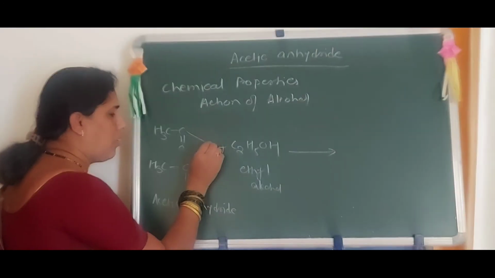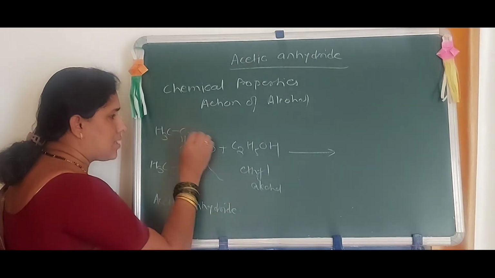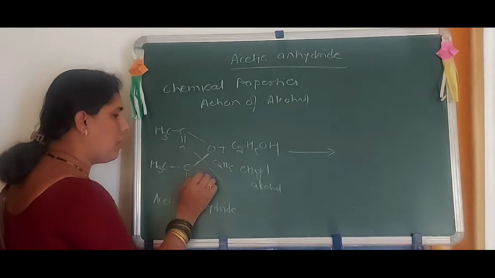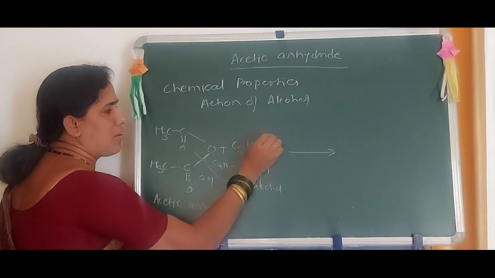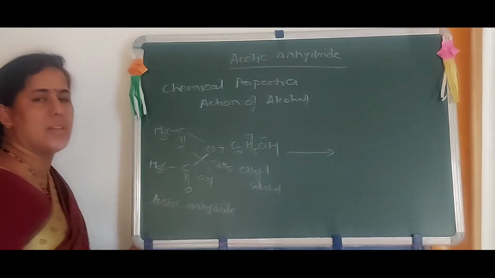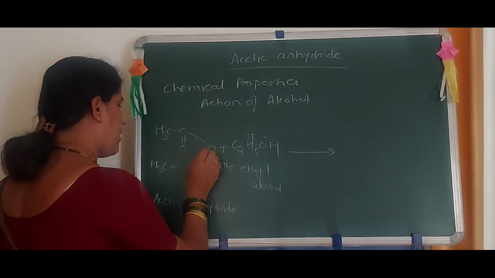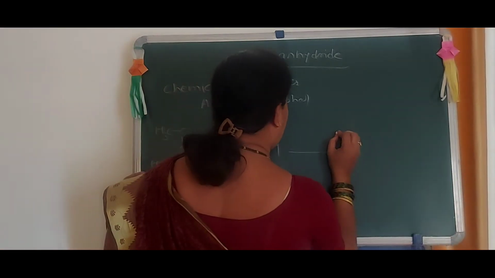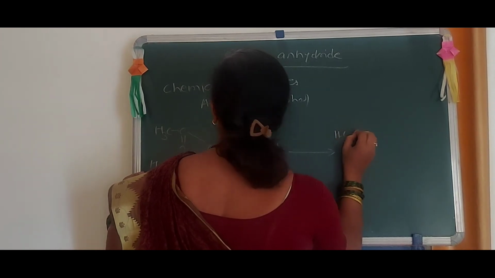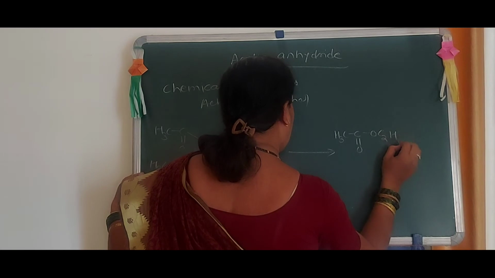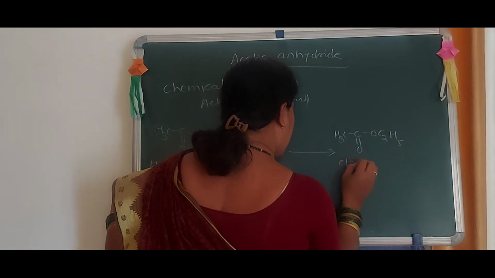Sorry, here it is CH3COOC2H5, and here CH3COOH. C2H5 plus OH. In this type of reaction, there is a breaking of a bond here. Now there is formation of first CH3COOC2H5, that is ethyl acetate here.